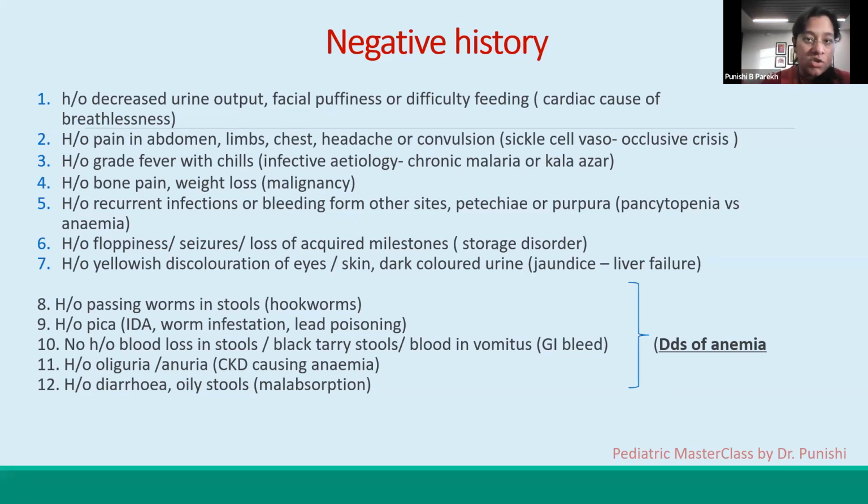Then for an infective etiology, whether it's chronic malaria, Kala Azar, etc., whether there's history of high-grade fever with chills, which we don't have; history of bone pain and weight loss for malignancies like leukemias and lymphomas; whether there's history of recurrent infection or bleeding from other sites or any skin rash, petechiae, purpura.